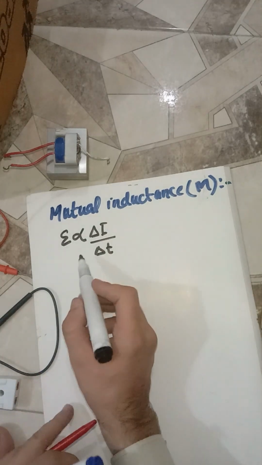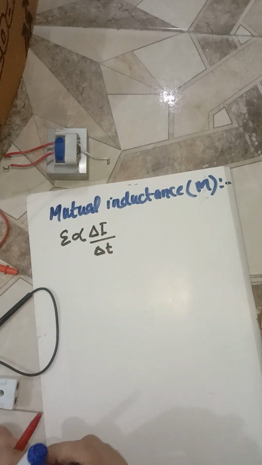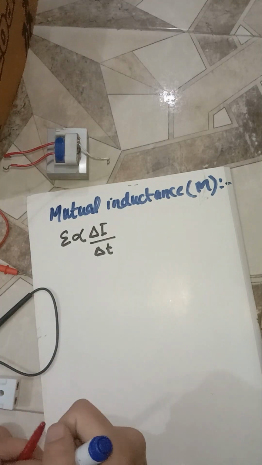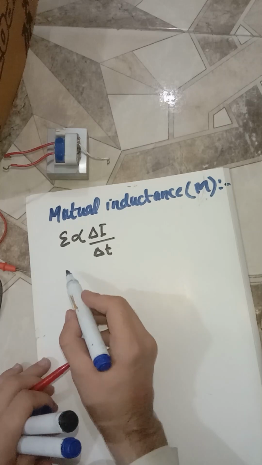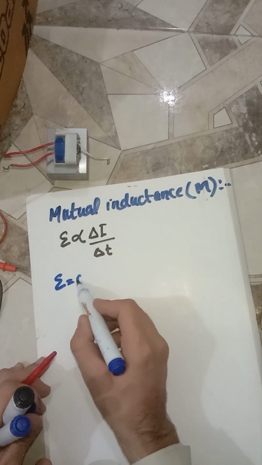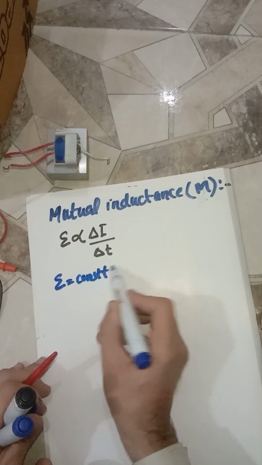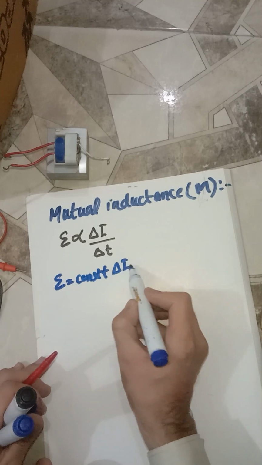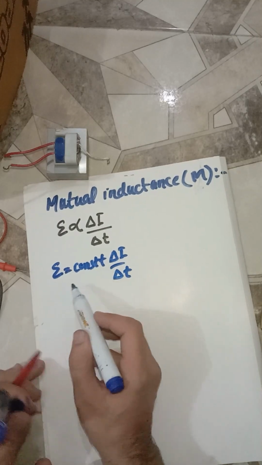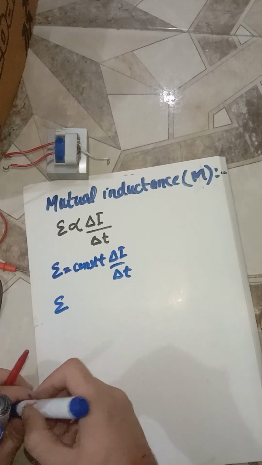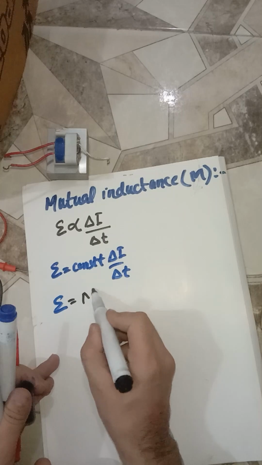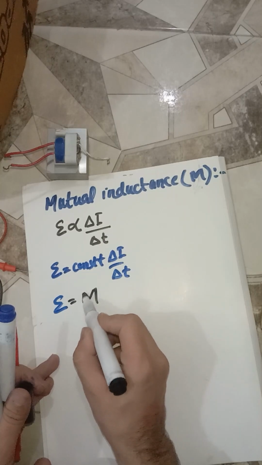As we know, instead of this proportionality sign, we put an equals sign with a constant. So this electromotive force is equal to a constant times del I by del t. Instead of this constant, we put M, which is called the mutual inductance.